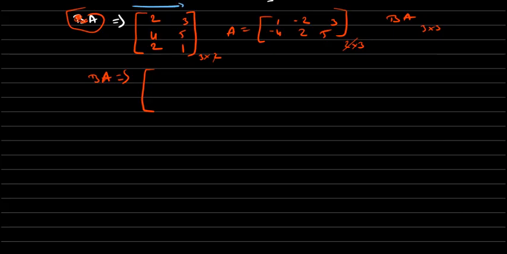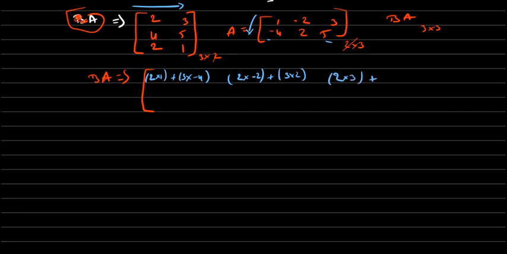plus 3 into minus 4. Since we completed this first column, we are moving to second column. 2 into minus 2 plus 3 into 2. We are going to move to the third column. 2 into 3 plus 3 into 5. Yeah, we have completed this first row. We will move to the second row itself.